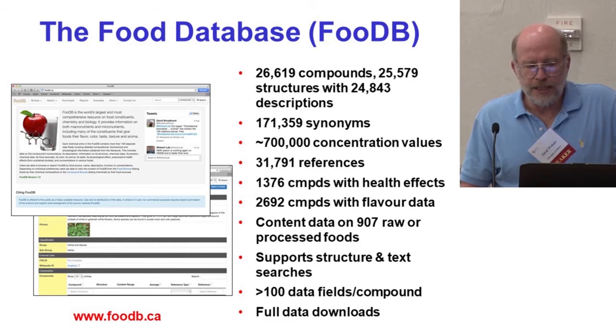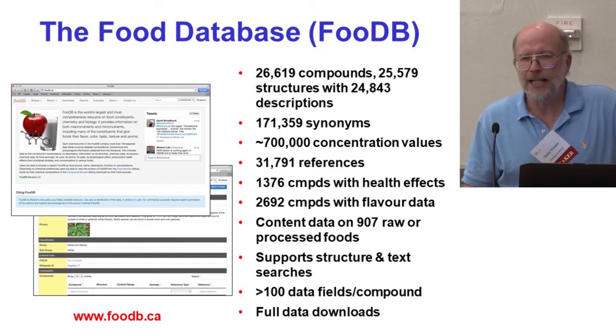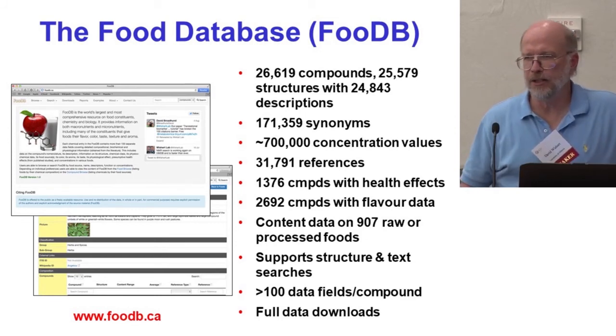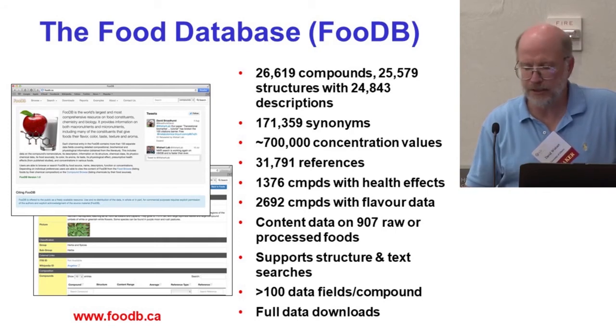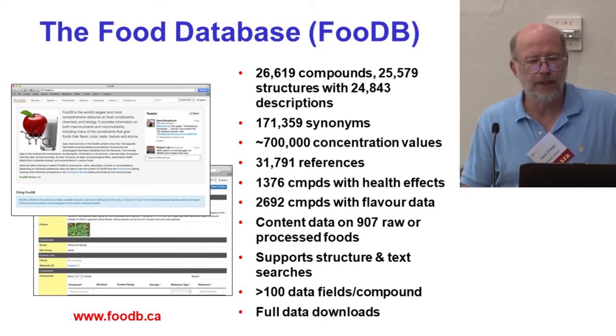Right now, the database contains almost 27,000 chemicals that are known to be in foods, covering about 900 different raw or lightly processed foods. So this is not the database to go and look at the chemical composition of lasagna. It's a database to look at the chemical composition of an apple or fruit or of wine.